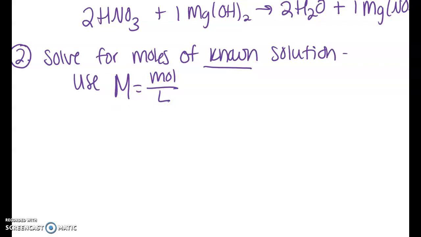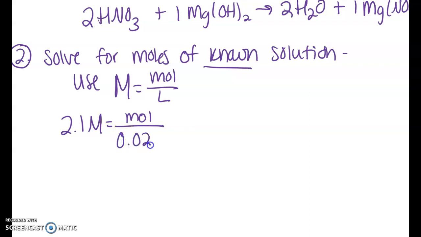Well, I'm given two of these pieces of information for magnesium hydroxide. So I'm given the concentration as 2.1 molar, and I'm going to solve for moles. My volume that I'm given is in milliliters, but I can convert my 23.9 milliliters into liters by moving the decimal spot 3 spots to the left.